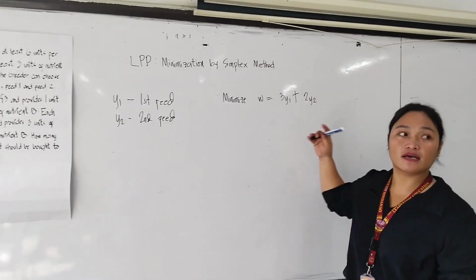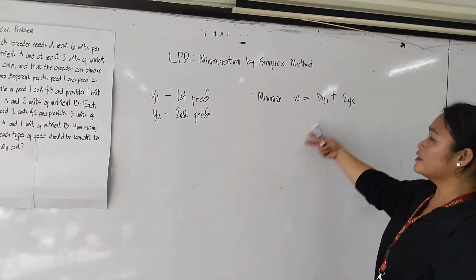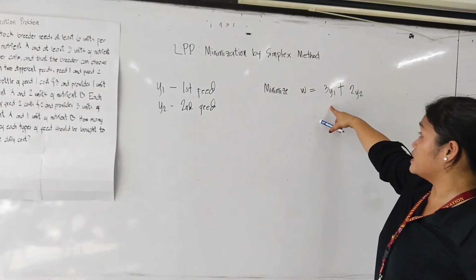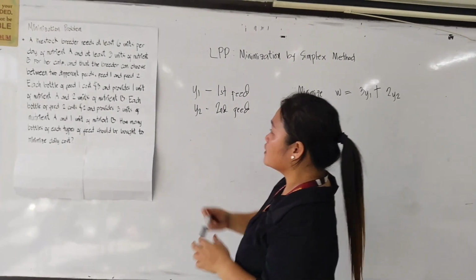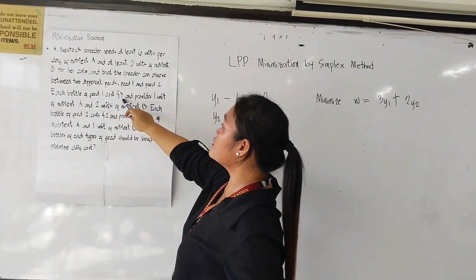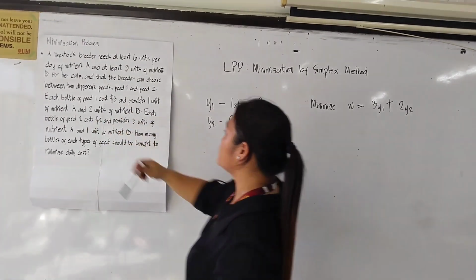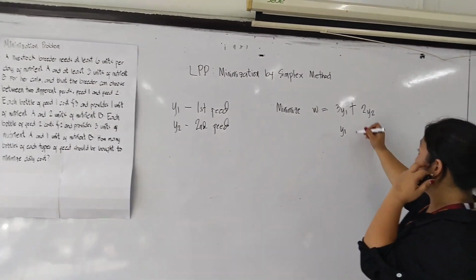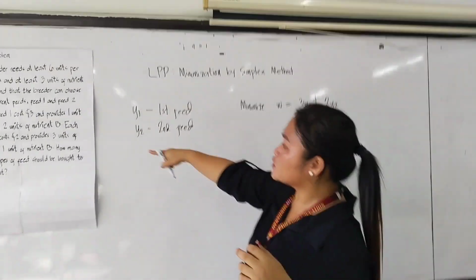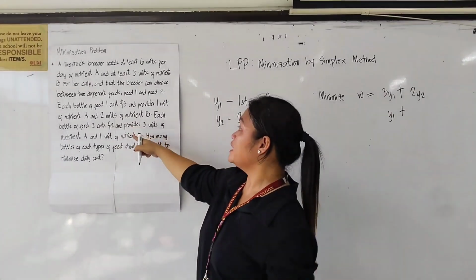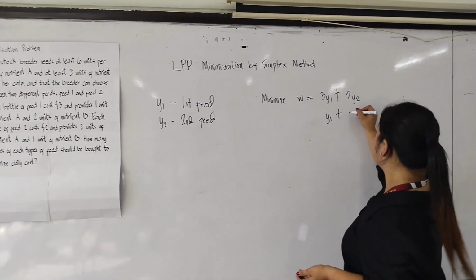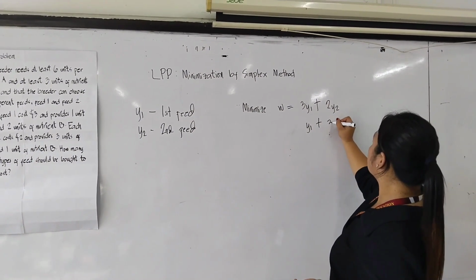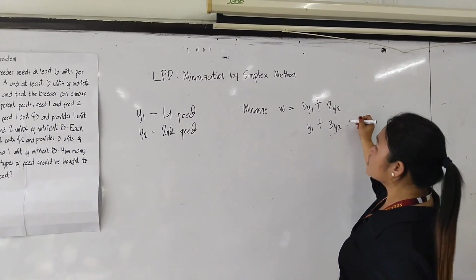First we need to identify the constraints. In this cost 3y1, the first constraint is that the $3 feed provides 1 unit of nutrient A, so y1, plus the $2 feed provides 3 units of nutrient A, so 3y2.